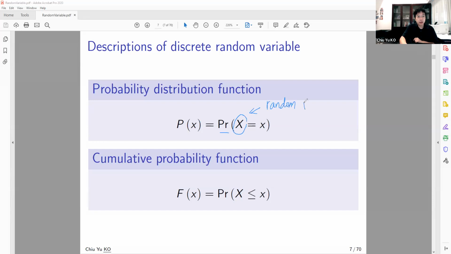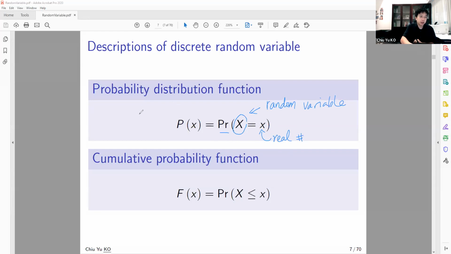When I have a capital letter, the small letter is usually a real number. A random variable equal to that number, we will usually denote this probability as P of x.